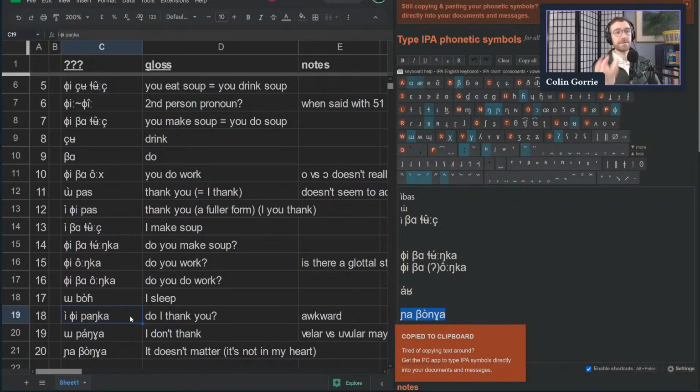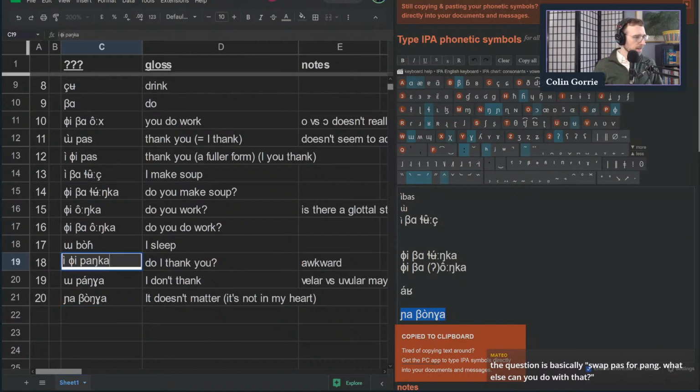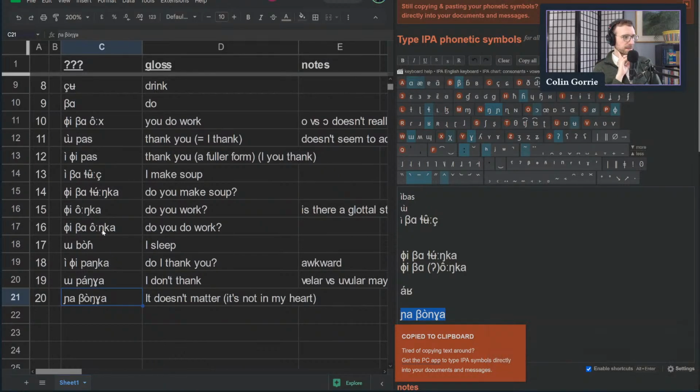If I'm asking a question, is it ifipanga or ifipanga? Yeah, it doesn't really matter. And that ifipanga one's actually a bit weird, so I shouldn't use that as an example.